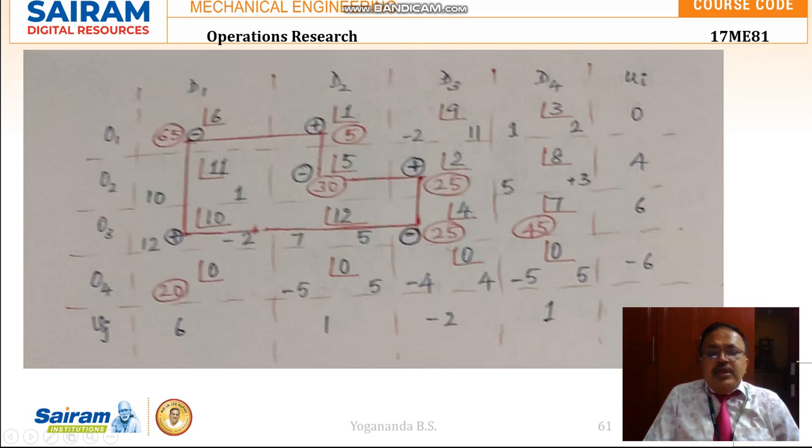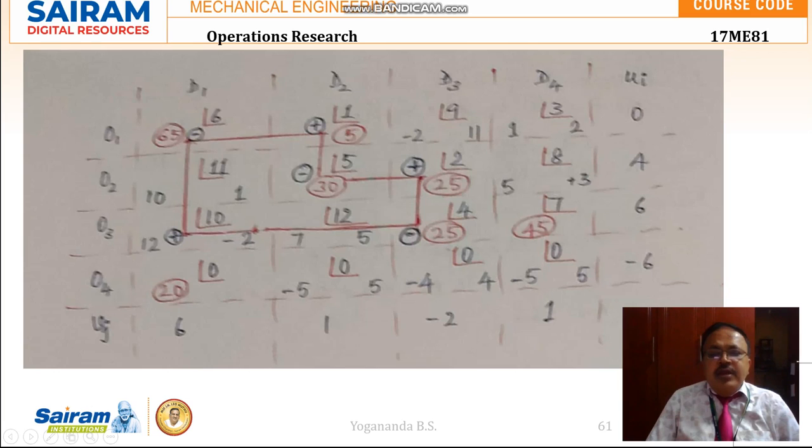Then the next occupied cell is here. That is 25, the allocation. The cost is 4 there. Already we have written V as minus 2. If you make U as 6, that becomes 6 minus 2, that is 4. So we'll write U as 6. Then the next occupied cell is this here, 45.